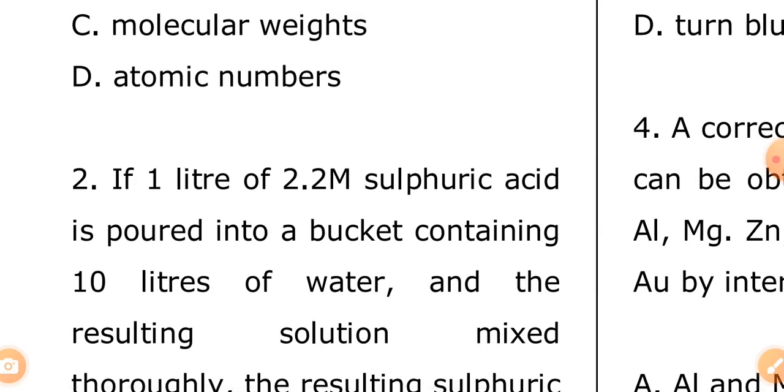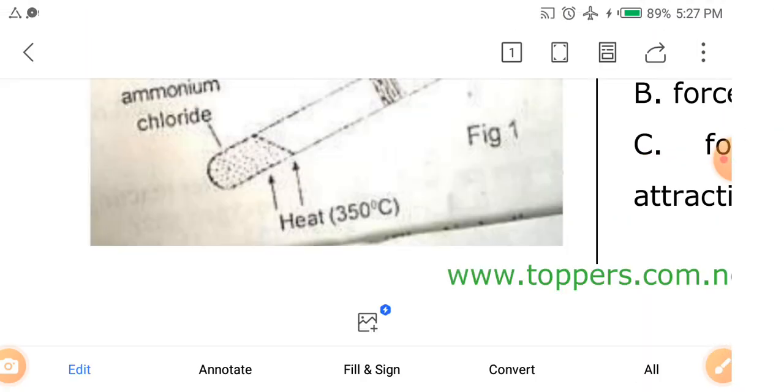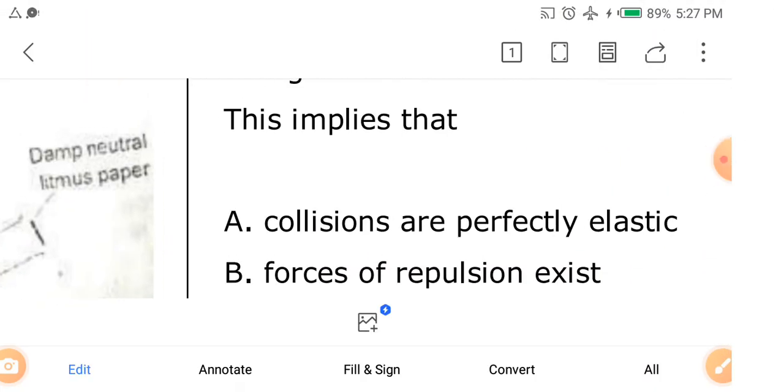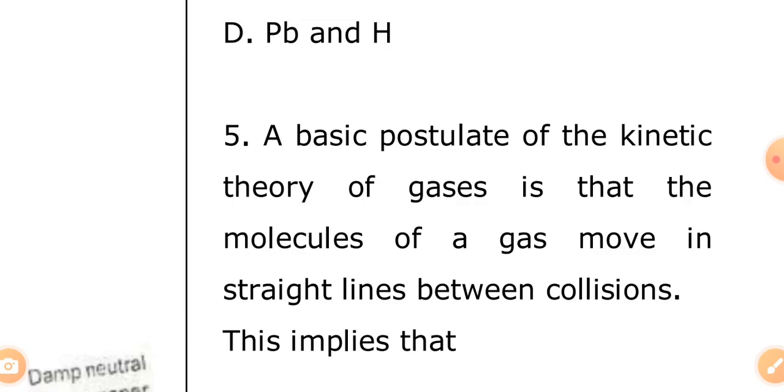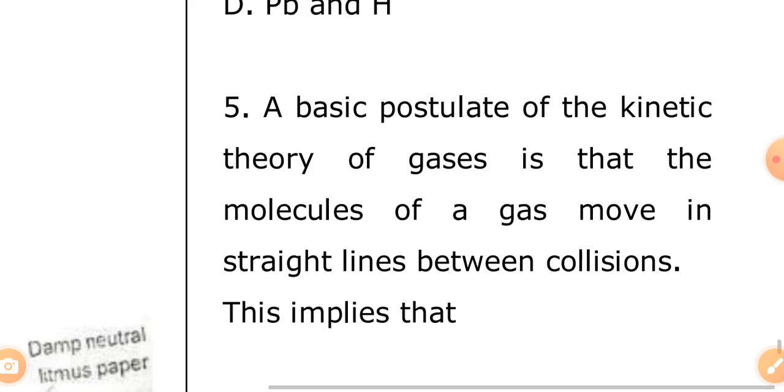Okay, let's look at question number 5. This says the basic postulate of the kinetic theory of gases is that the molecules of a gas move in straight lines between collisions.